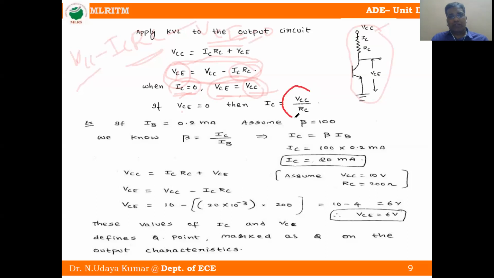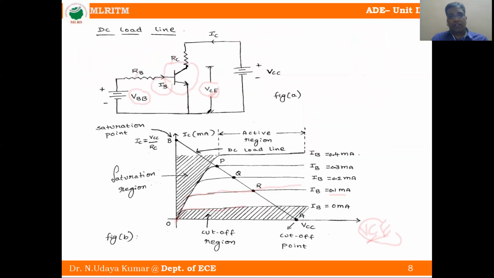So IC is equal to VCC by RC when VCE is equal to 0. At this point, IC is equal to VCC by RC. So you can draw the line from A to B. This is called the DC load line.